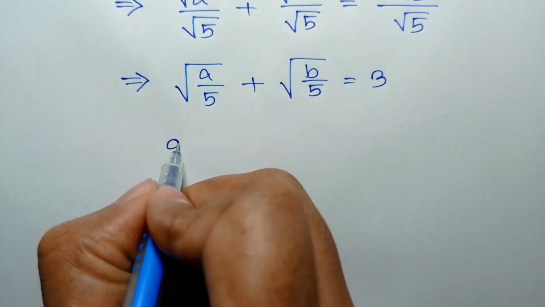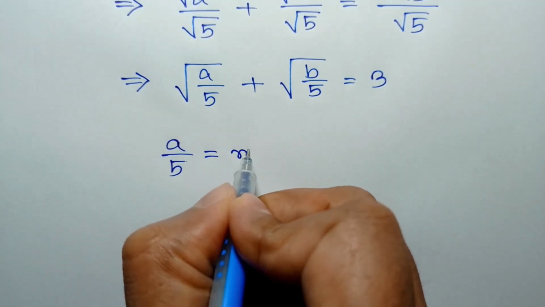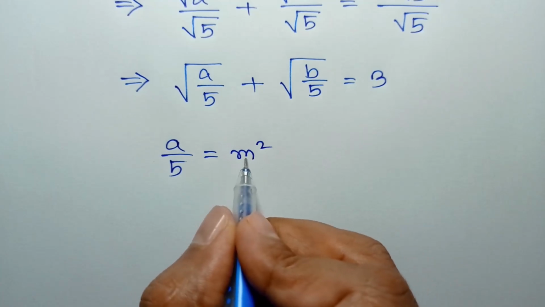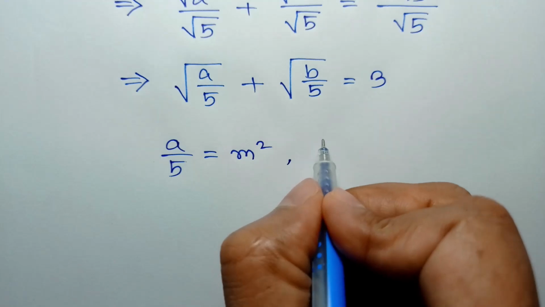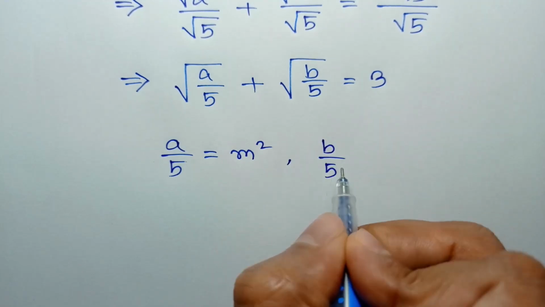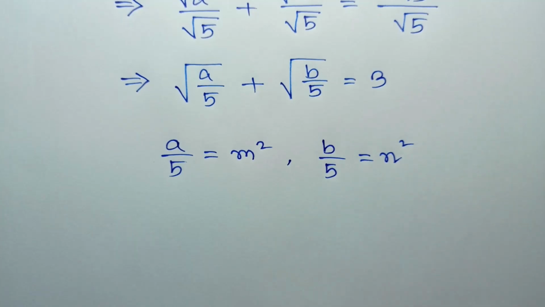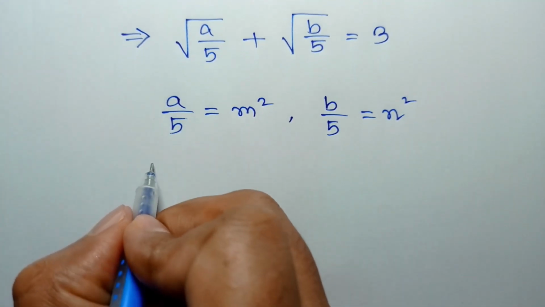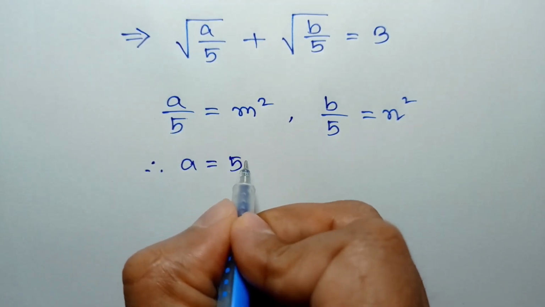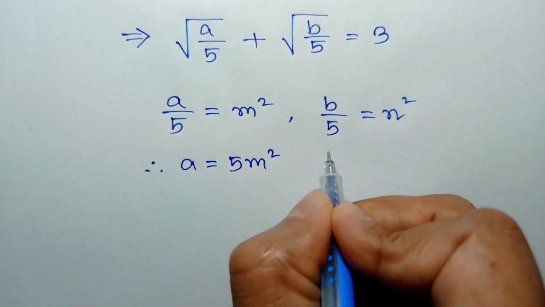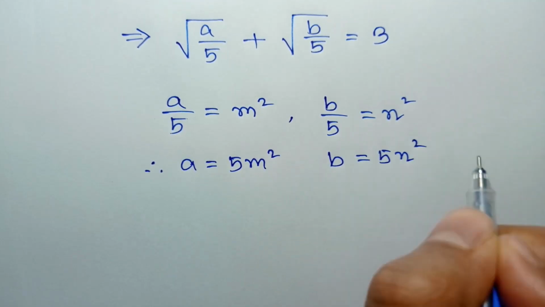Consider a over 5 is equal to m square, where m is an integer, and b over 5 is equal to n square, where n is also an integer. So we can write a is equal to 5m square and b is equal to 5n square.